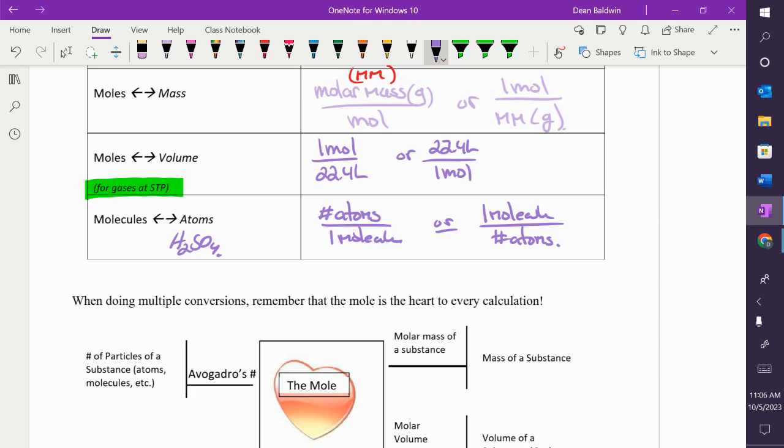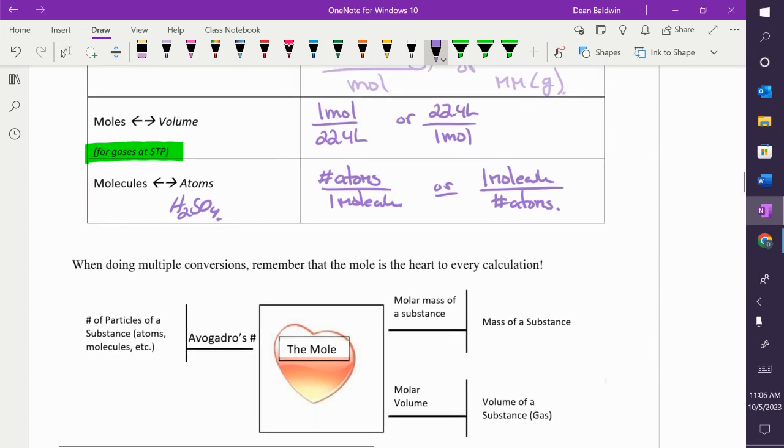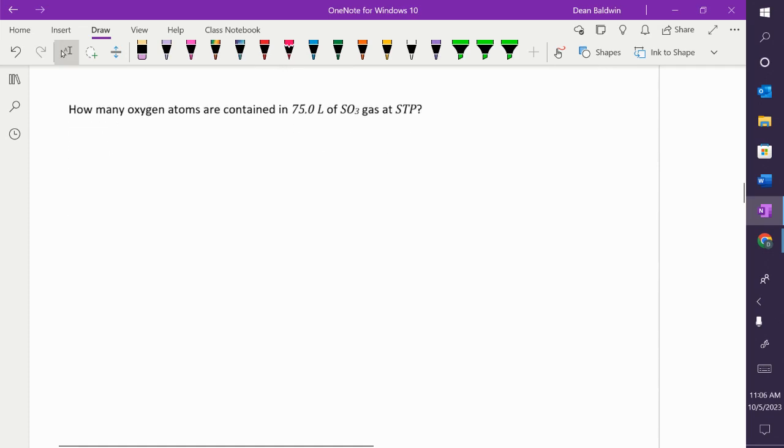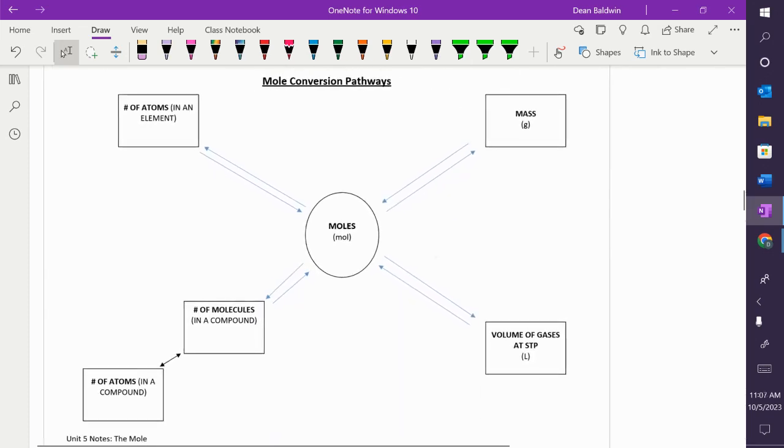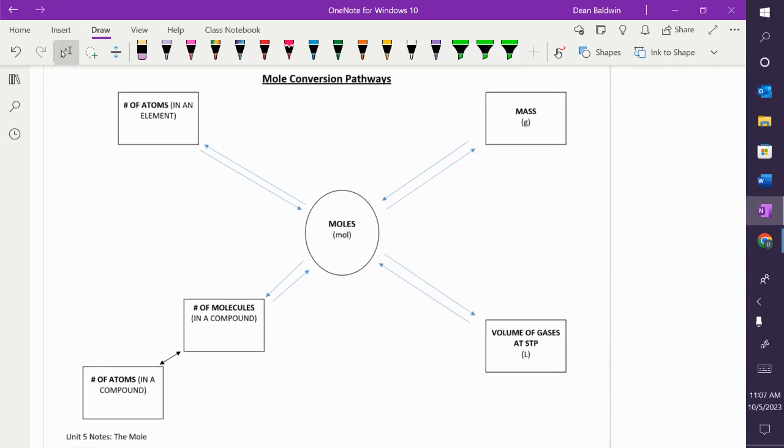Pretty much every question, you're going to run through moles at some point. So I don't like this one. If we go to, or you don't have to go to it, you can just look here. This is 2 pages from there. Conversion pathways. If you want to go from mass to volume of gas, you have to run through moles first.